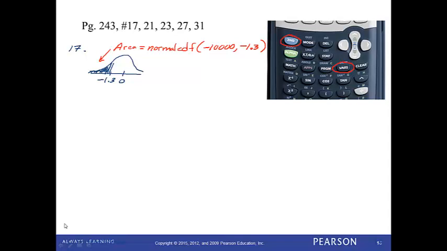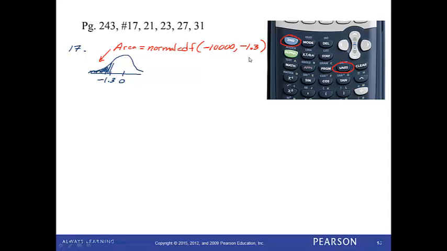So go ahead and hit enter. Now, if it takes you to the home screen, it's going to open up a parentheses, and you need to type in there negative 10,000, comma, negative 1.3. If it takes you to another screen and asks you for the lower limit, we'll just type negative 10,000, hit enter. It's going to ask you for the upper, so you type negative 1.3.